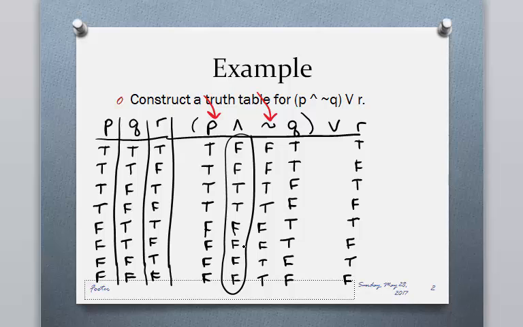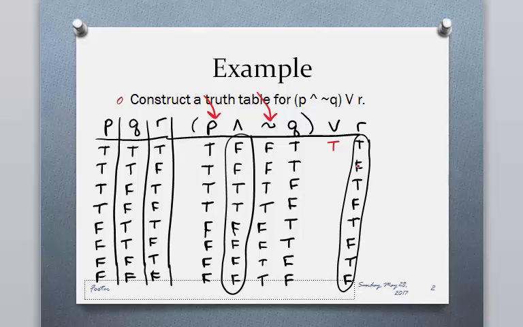We're now going to combine the part that I circled with the R. And keep in mind that in between we have an OR. So if the first one is false or the second one is true, that is going to be a true.